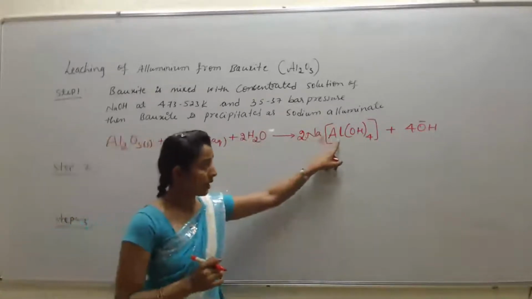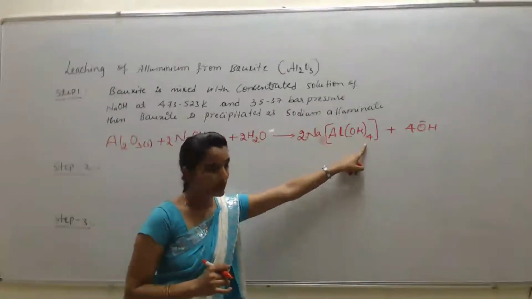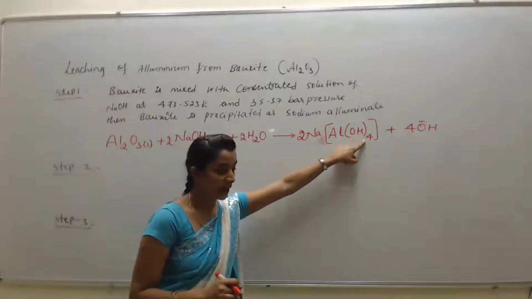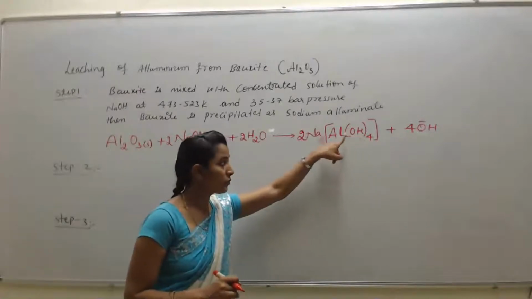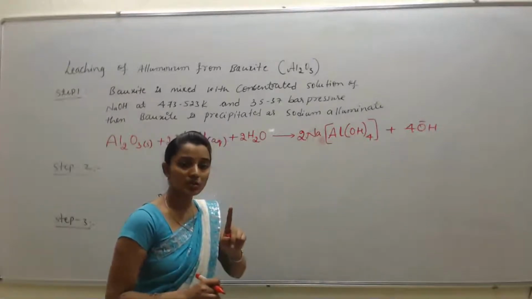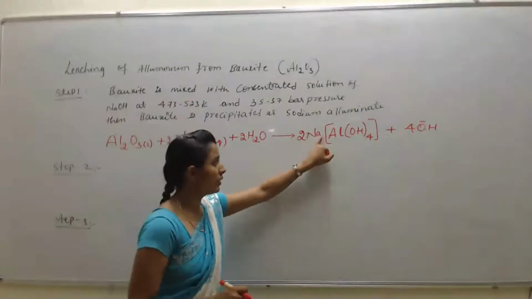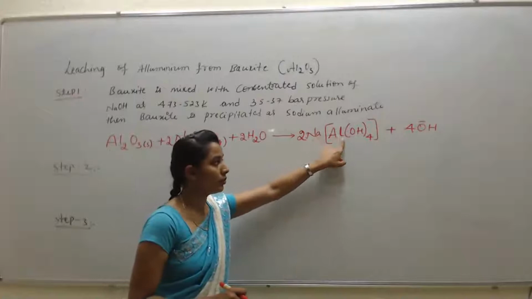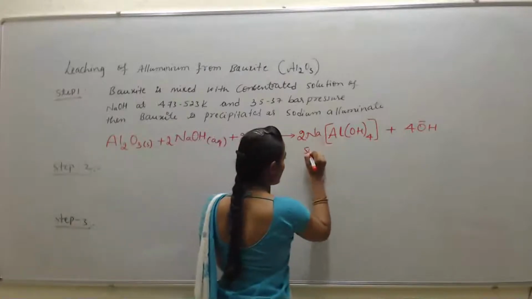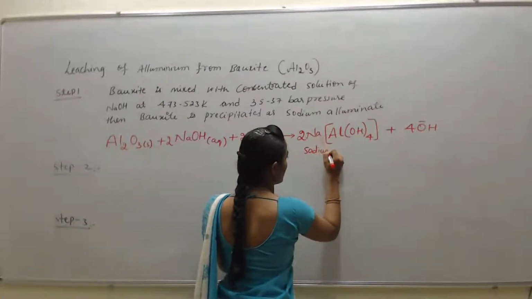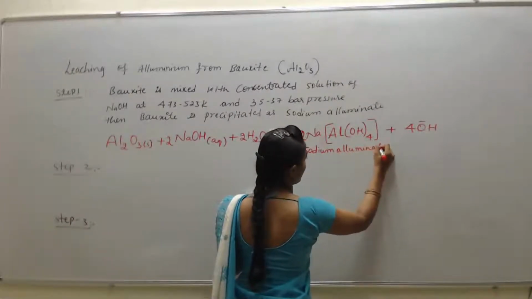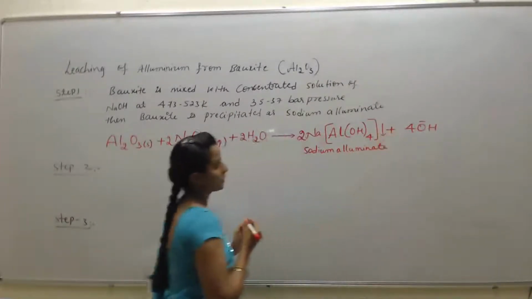Why? Because aluminium is a complex. It is in +3 oxidation state, and here a -4 charge is there. -4 plus 3 means a -1 charge. That's why only one sodium is taken here. This is sodium aluminate. It is a precipitate.